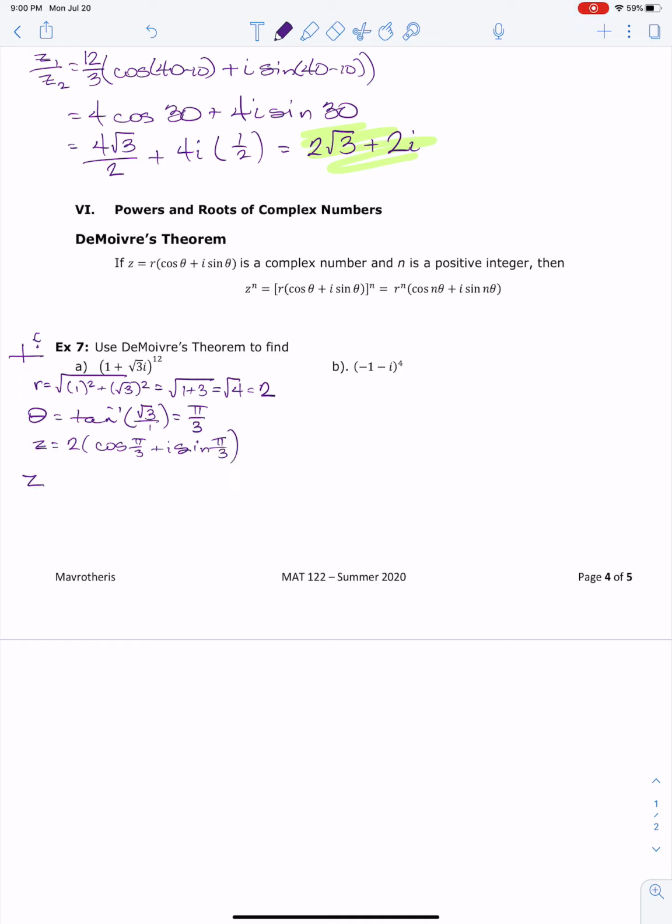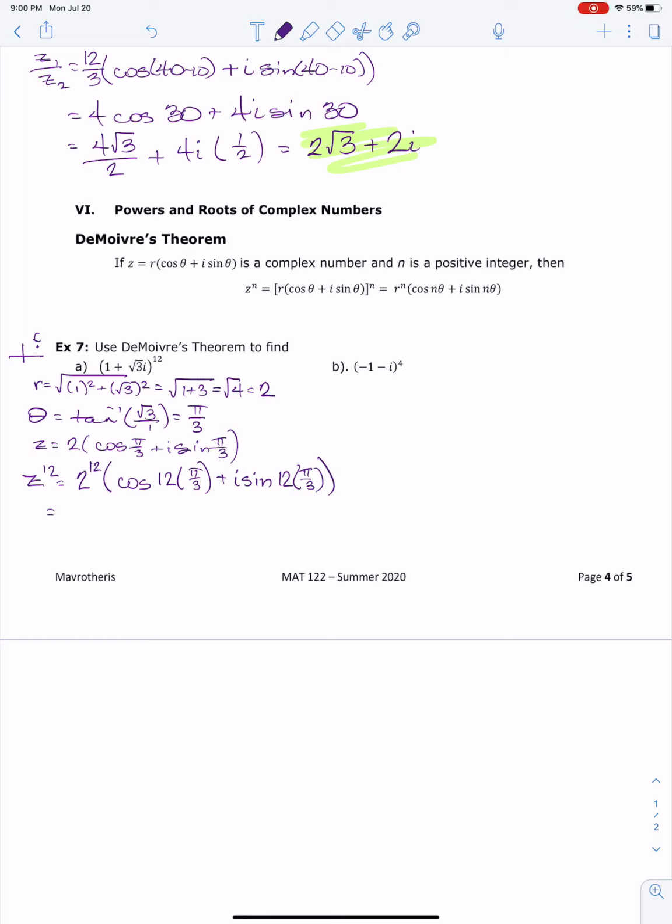We want z to the 12th. So we've got 2 to the 12th times the cosine of 12 times pi over 3 plus i sine of 12 times pi over 3.